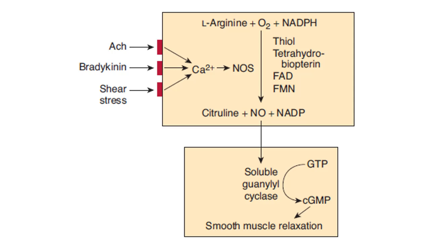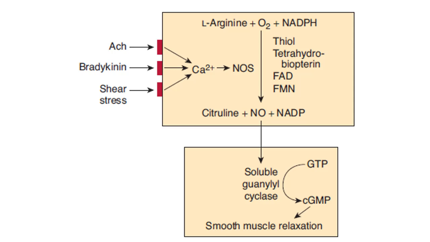One of them is relaxation of smooth muscles. So finally, nitric oxide could activate soluble guanylyl cyclase, and soluble guanylyl cyclase produces cyclic GMP and finally relaxes the smooth muscles in the endothelial cells. So this is the action of nitric oxide in the local mechanism.